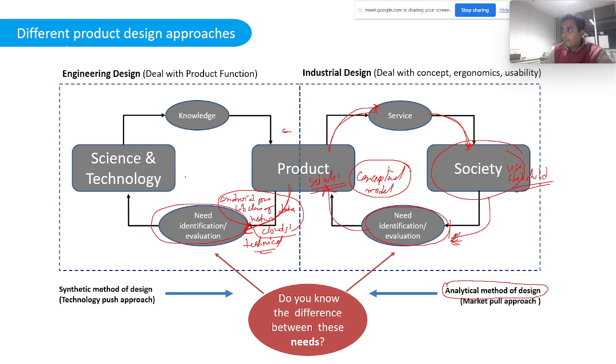So when we talked about these technical requirements, we end up developing some solution in the space of science and technology. Now this solution is not a conceptual model, this is more like a functional model. The difference is that the conceptual model is the initial phase of design where you have the overall architecture.